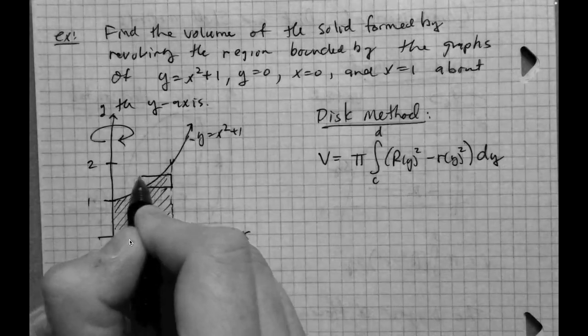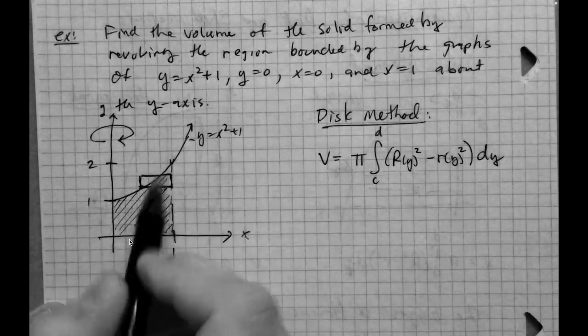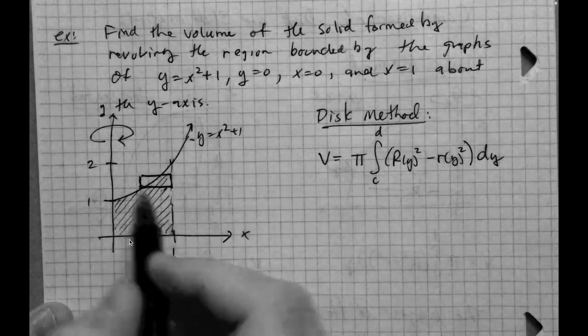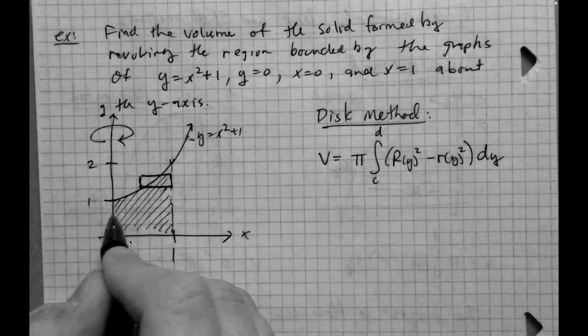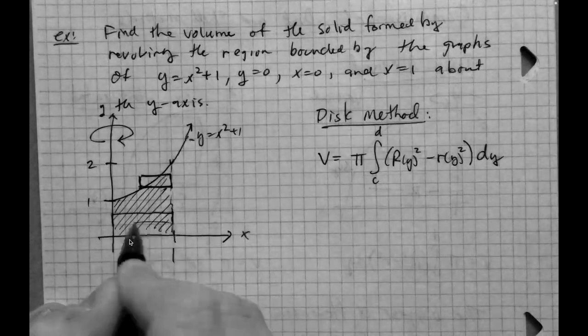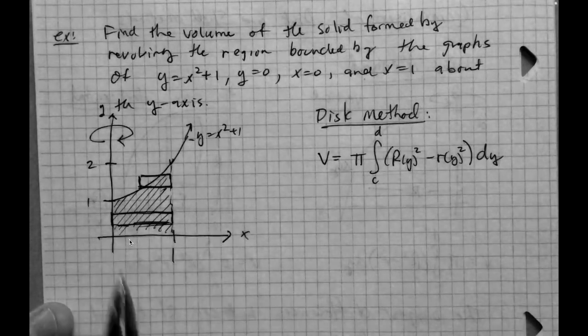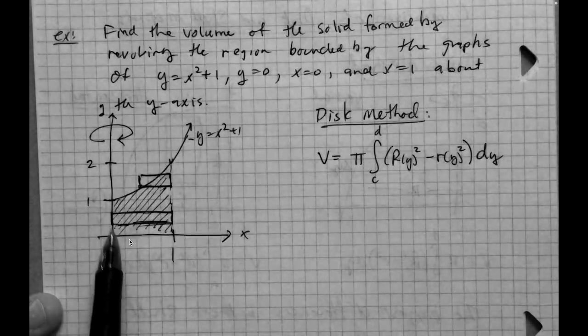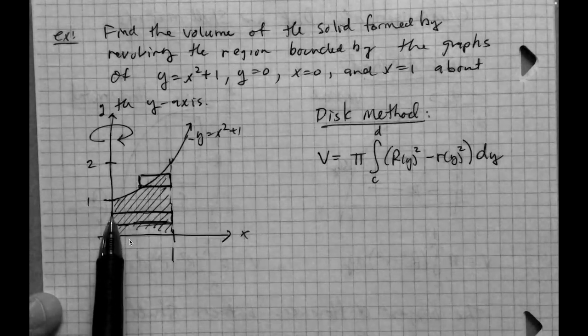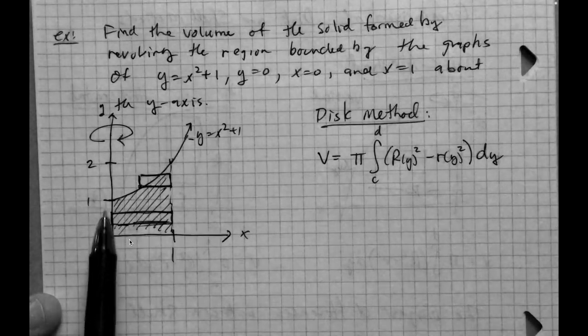was that if you have a representative rectangle up here, then your inner radius is going to be different than a representative rectangle located down in this section of the region. Down here, the inner radius is 0, because the rectangles are butted right up against the axis of rotation, the y-axis.